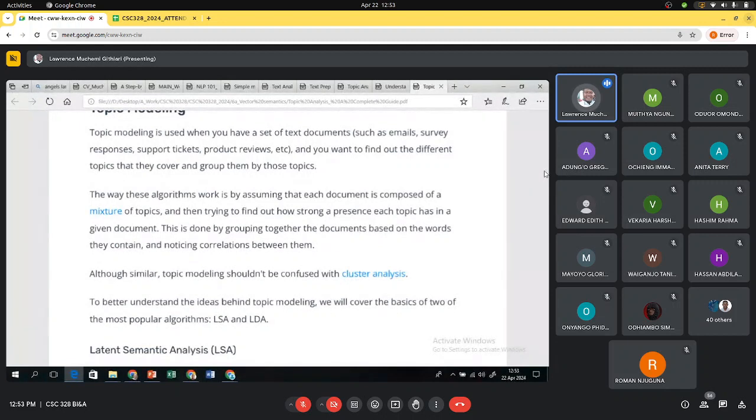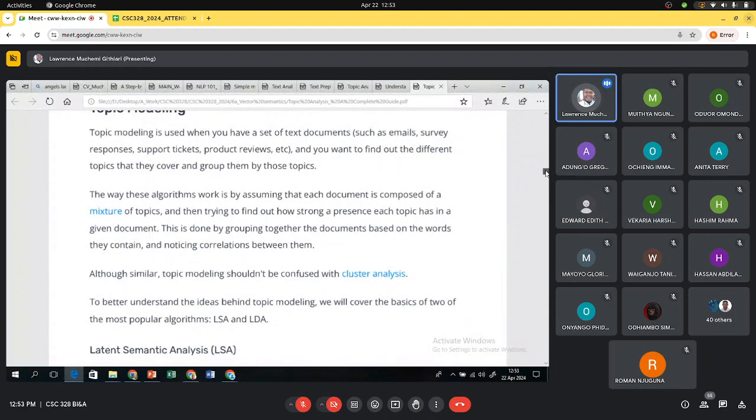So you assume that all these topics are there, and then you do the grouping or the classification based on the words they contain. And you also try to notice the correlation between them. Although similar, topic models shouldn't be confused with cluster analysis.